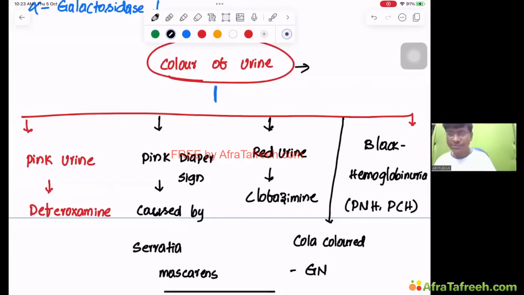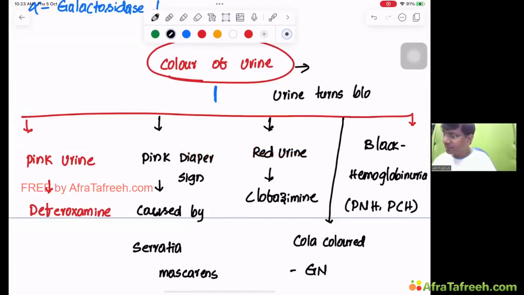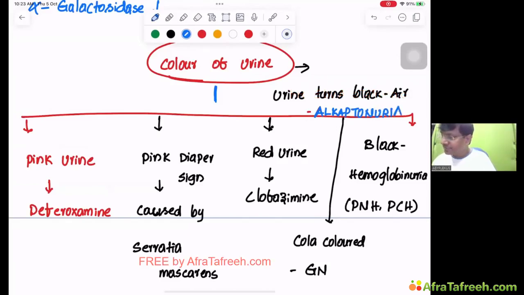And what are the conditions where urine turns black on exposure to air? That you see in alkaptonuria. Okay, so in cases of alkaptonuria, you will observe that the urine turns black on exposure to air.